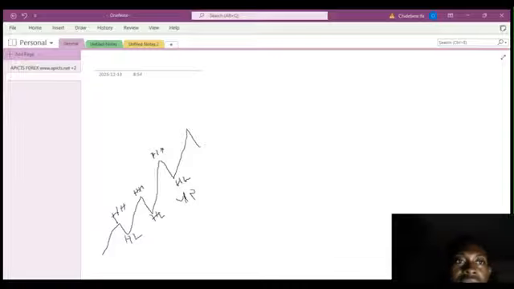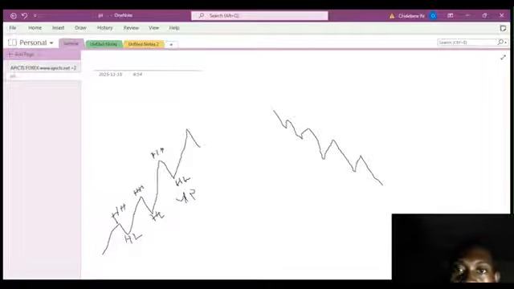We have the downtrend when the market is forming lower highs and lower lows. So what that means is that this lower high is lower than this lower high. Then this is lower than this, and the market is forming a downtrend.